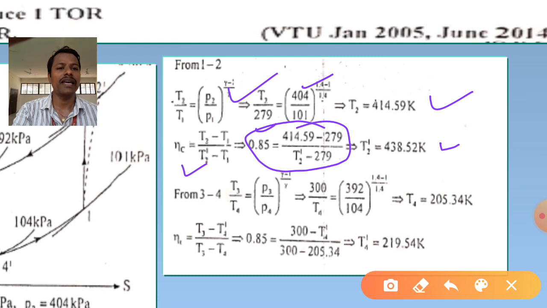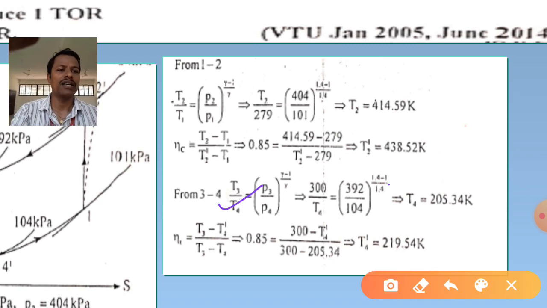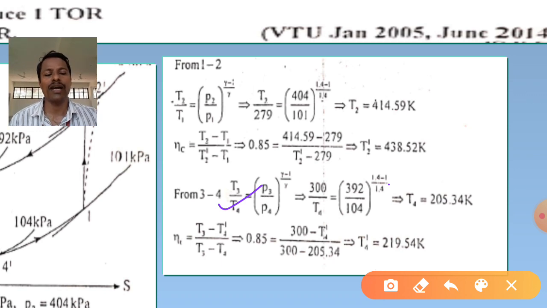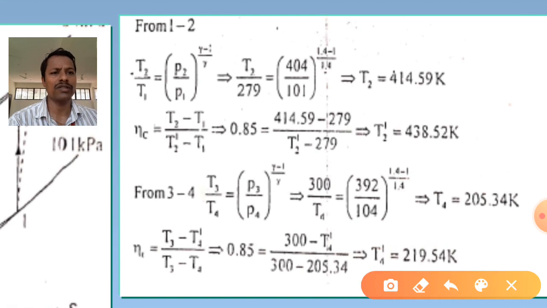So then again for the 3 to 4 process, I will be able to apply the isentropic law between 3 and 4, and substitute the known data. Please remember, this is a very important step. While substituting the values in the 3 to 4 process, we are supposed to substitute P3 and P4.